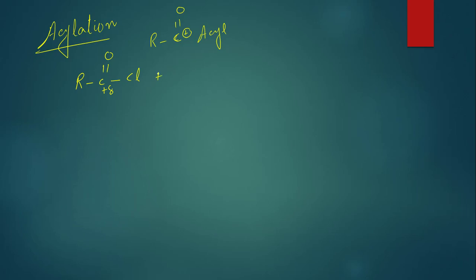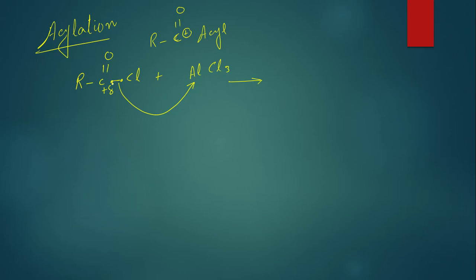The next thing is we react the acyl chloride with AlCl3. The electron pair of chlorine makes a dative bond with the aluminum, just like the Lewis acid in our previous mechanisms.